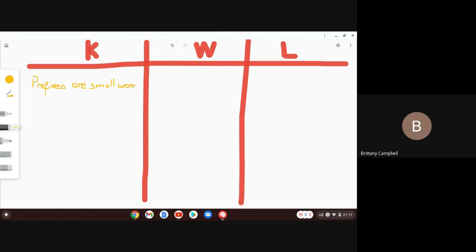All right, awesome, that are attached. So attached before the base word, yes? Awesome.